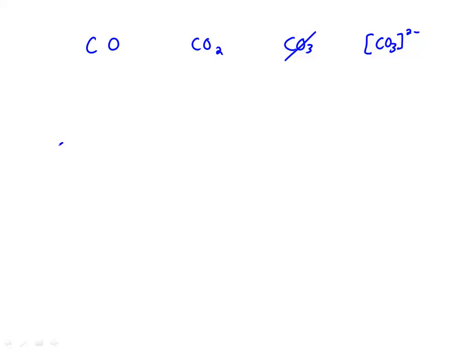For instance, let me just give one example. So if I draw this Lewis structure, I could also draw that Lewis structure like this, and I think it's the same. I'm doing this one off the top of my head, so I might make a mistake.